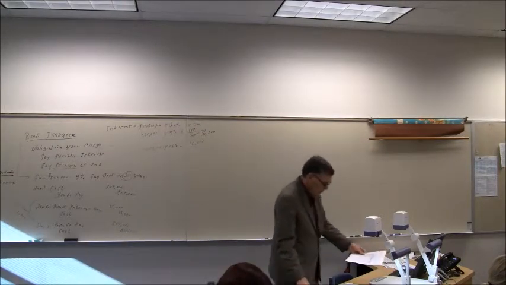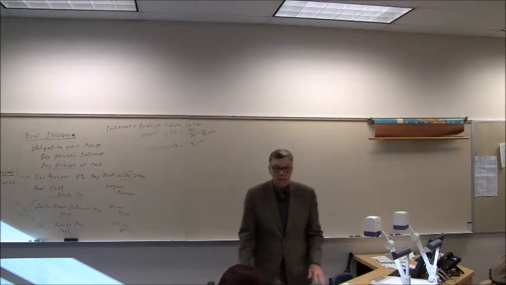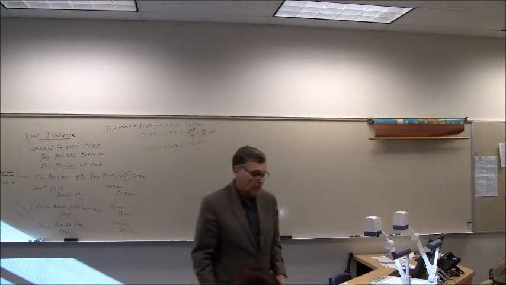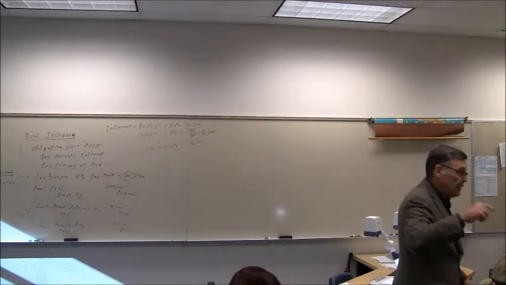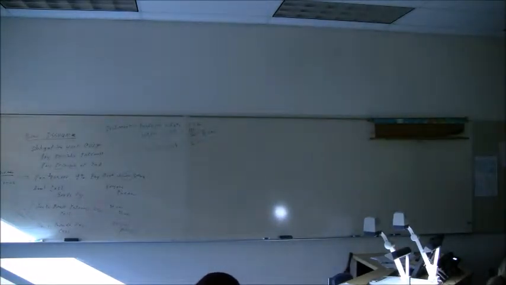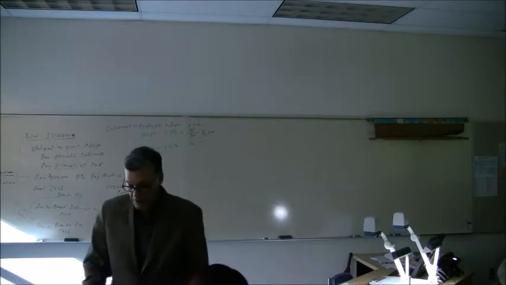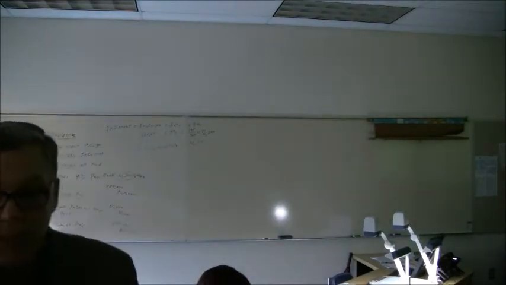A or B? Let's do B. If you guys want to leave those at the end, I'll just pick them up after class. Let's go ahead and work through this. I think the best way of explaining something like this is just to practice it.